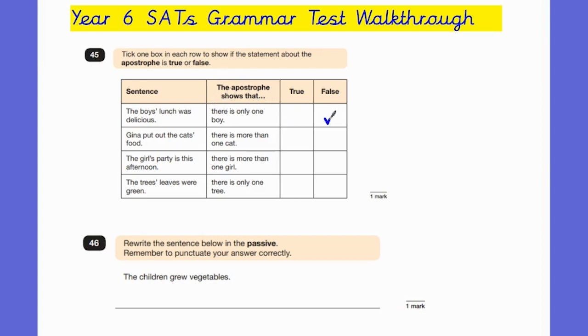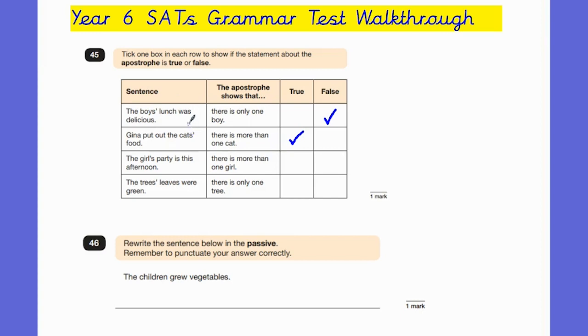Well, that is false because there's more than one boy here. If there was only one boy, the apostrophe would be between the Y and the S. Gina put out the cats' food. The apostrophe shows that there is more than one cat, and that is true, because if there was only one cat, again, like I mentioned before, the apostrophe would be between the T and the S.